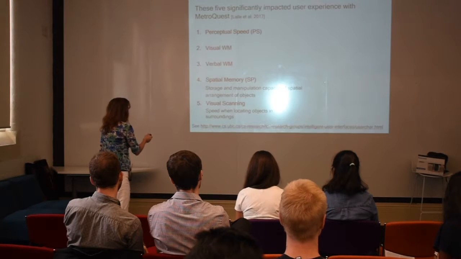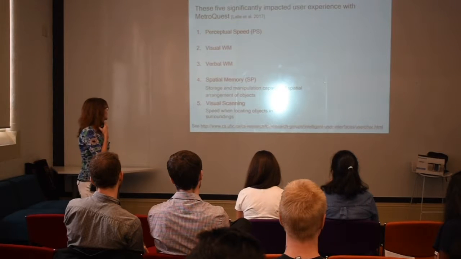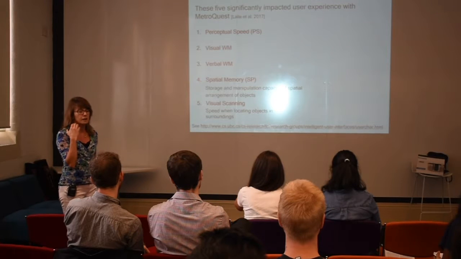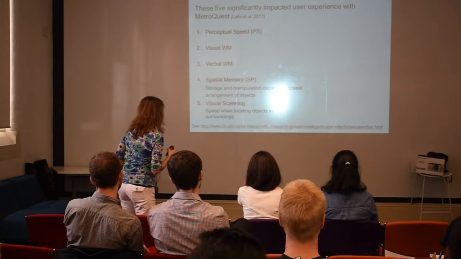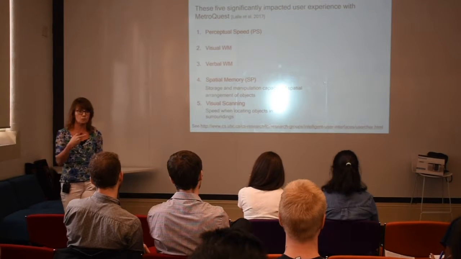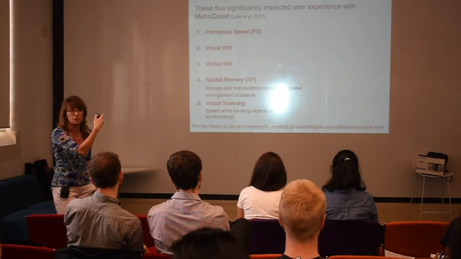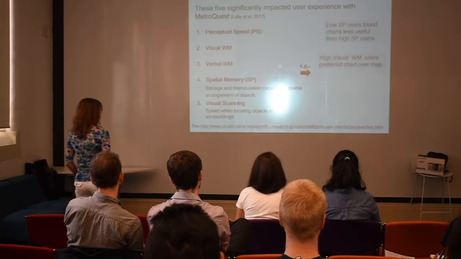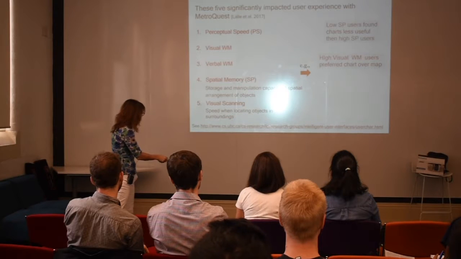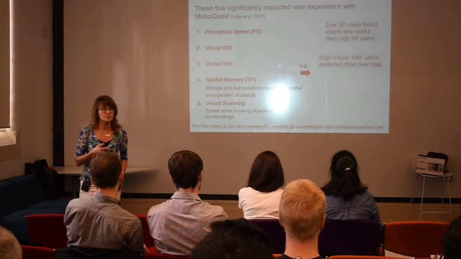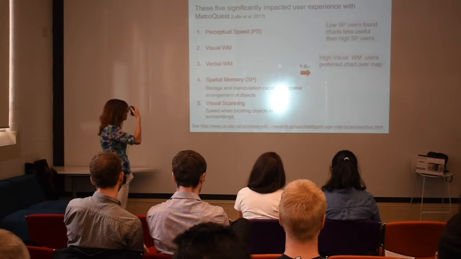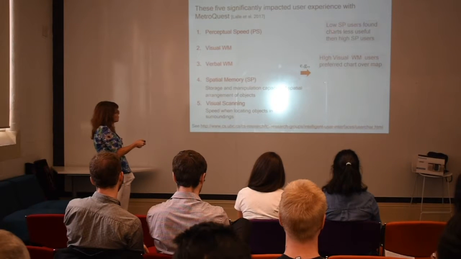The details of the analysis are in this paper, published last year. But what we found is that of the 10 individual differences that we tested, 5 had an impact on user experience on at least one of these measures that we collected. All these characteristics, you can retrieve them on the website that I showed earlier.